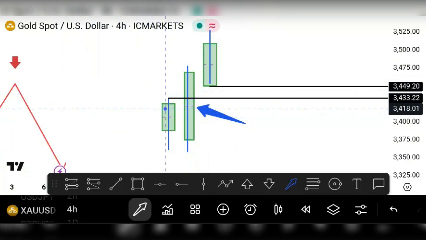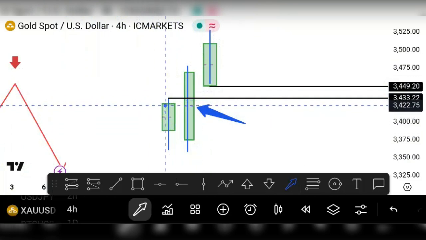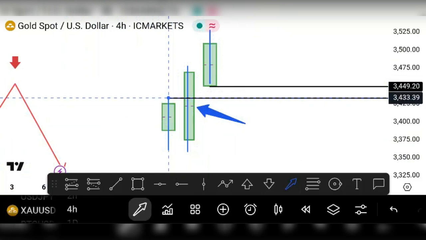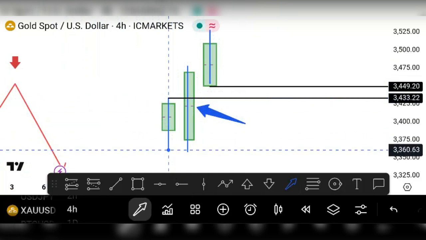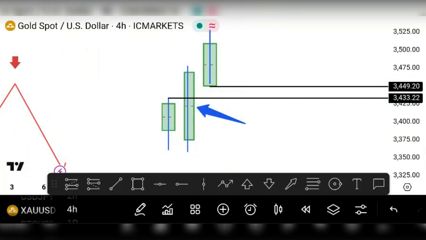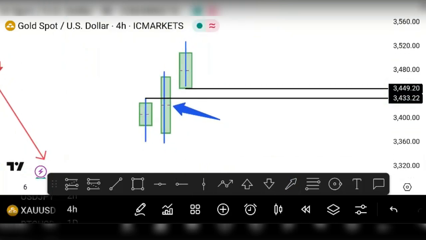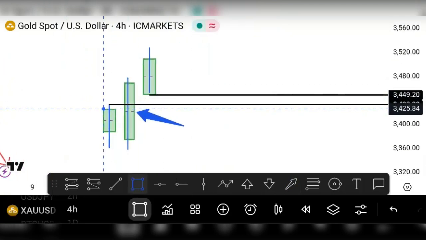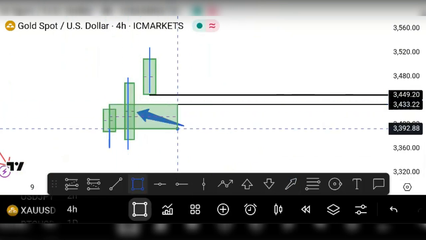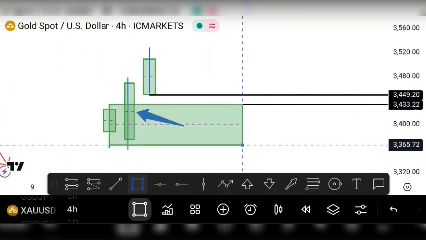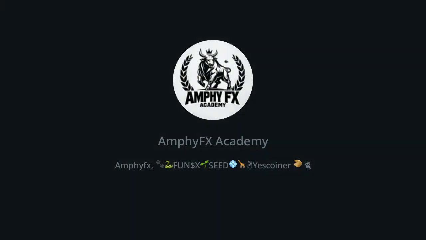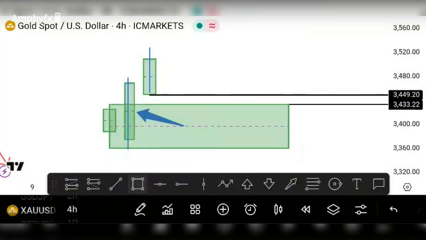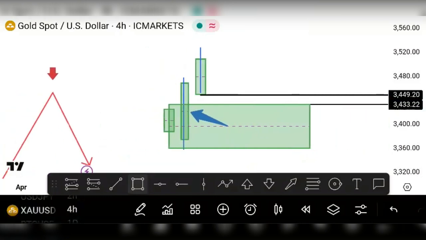Then we mark this candlestick from the wick high to the wick low as our order block. Since it is an uptrend, we call it a demand zone. So that's how you identify an order block.